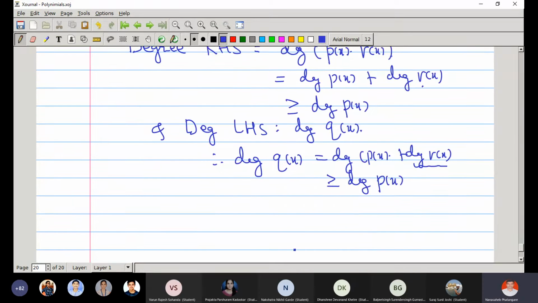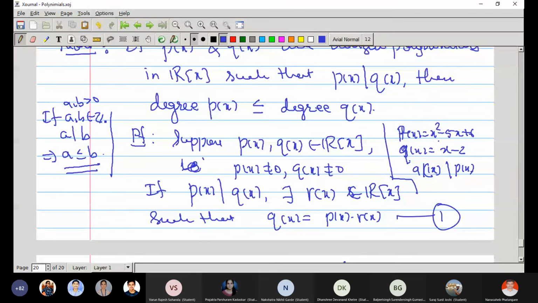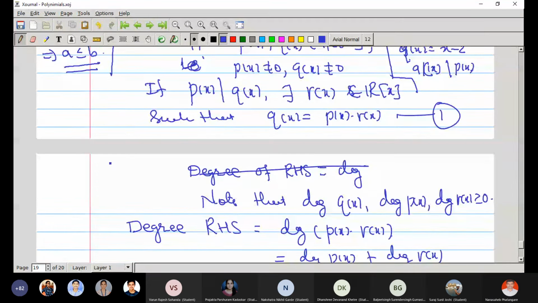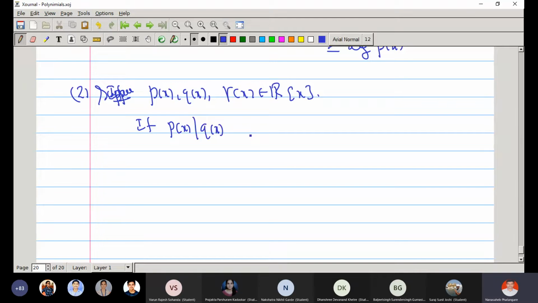Okay, now one more thing you can say about polynomials. If p(x), q(x) and r(x) are polynomials over R, suppose p(x) divides q(x) and q(x) divides r(x), then can I say that p(x) divides r(x)?